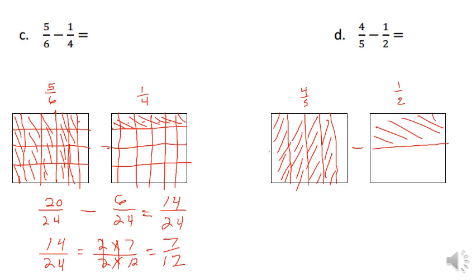Now we're going to combine our halves with our fifths, and we're going to combine our fifths with our halves. So now we have a 5 by 2, so we know this is a common denominator of 10, and we have 8 out of 10 shaded. Minus here we have 5 out of 10 shaded, which gives us 3/10.